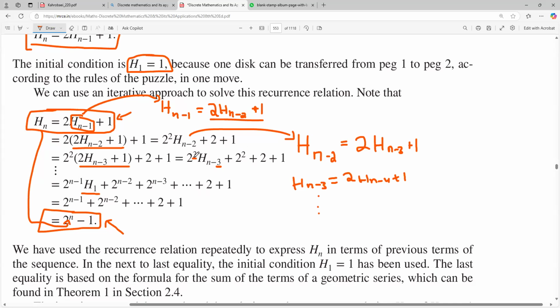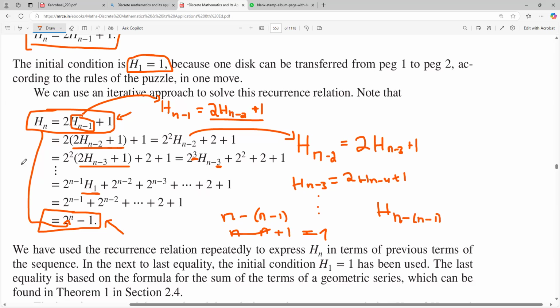And I want you to notice, see how the exponent matches n minus what we're doing? So if we do n minus n minus 1, you distribute the minus sign, it's going to be minus n plus 1, and you get 1. So h of 1 is technically h of n minus n minus 1.